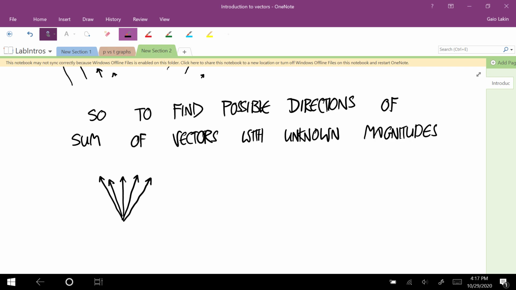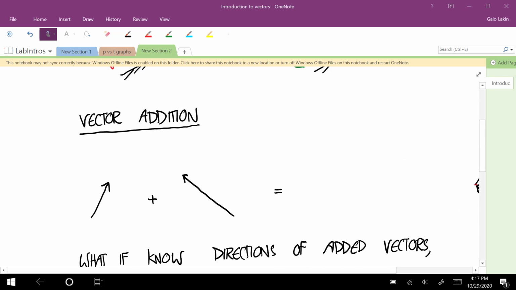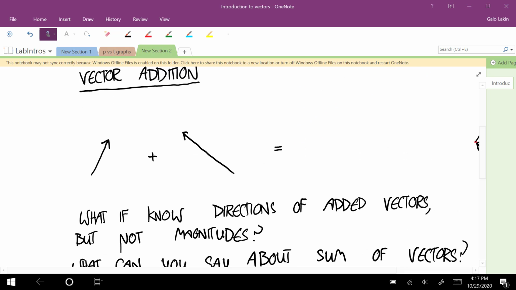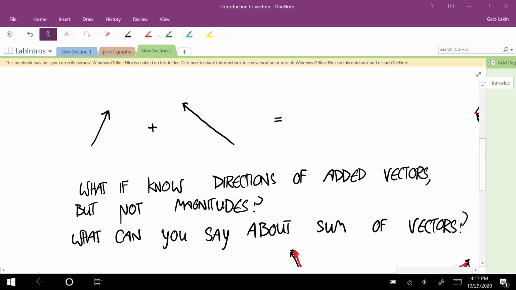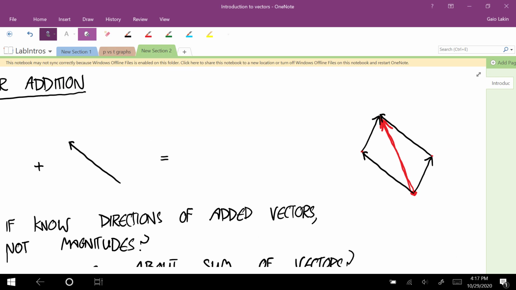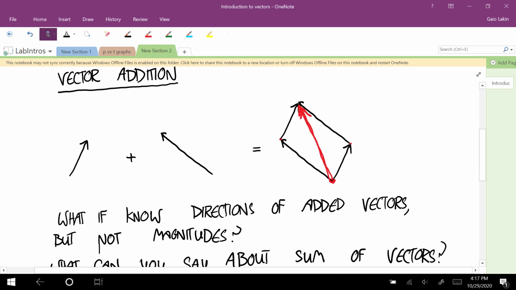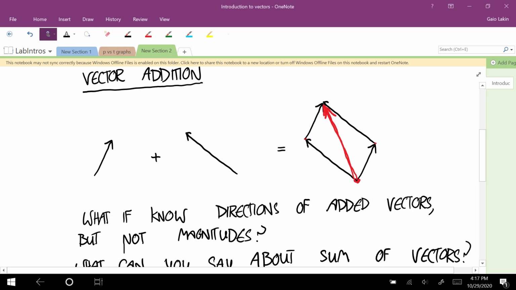There's a pitfall here that you have to watch out for, and that is that when you're adding vectors, notice, let me move this over here. Okay, notice when you're adding vectors, you have to go head to tail for the two vectors that you're adding, okay?